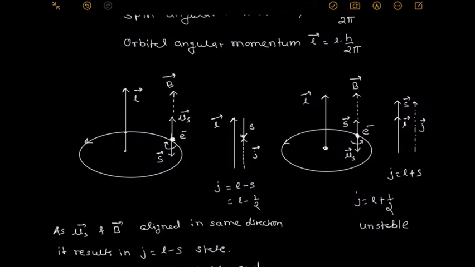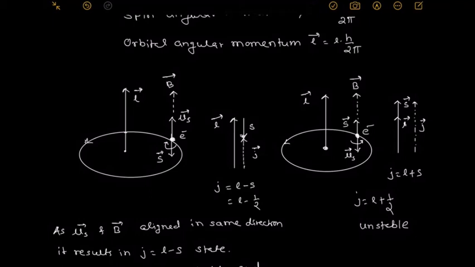Same as before, due to orbital motion it possesses a magnetic moment, and the magnetic field and orbital angular momentum are both parallel. But what is the alignment of the spin motion? The electron also spins about its own axis, and the direction of the spin motion is the same as the orbital angular momentum, means both are in the same direction.